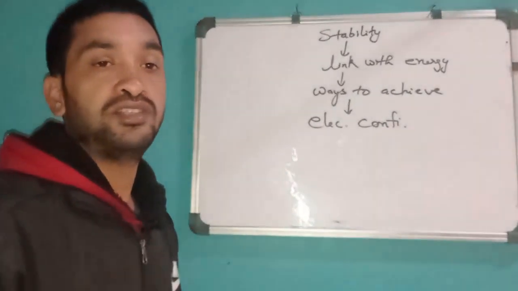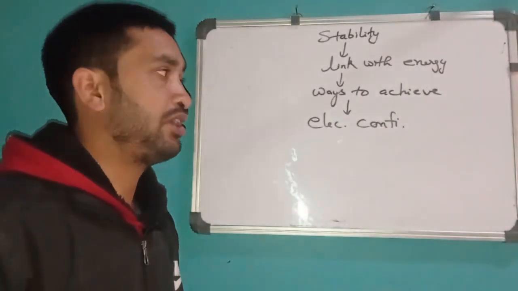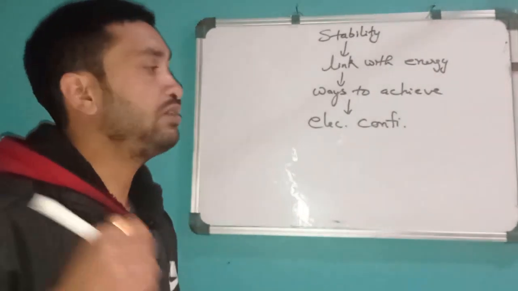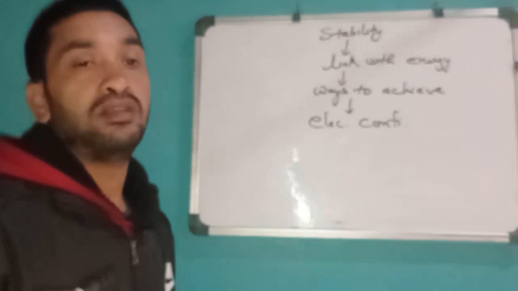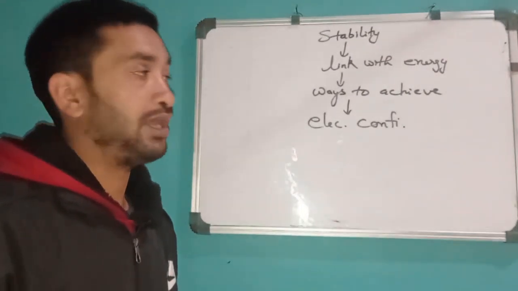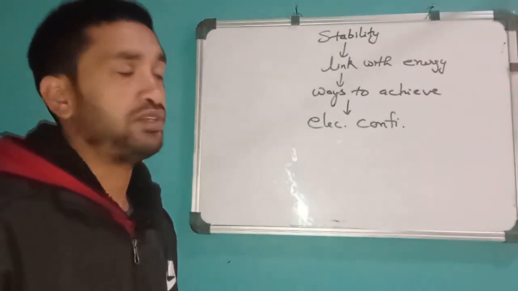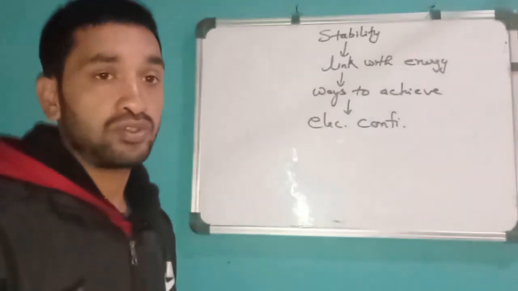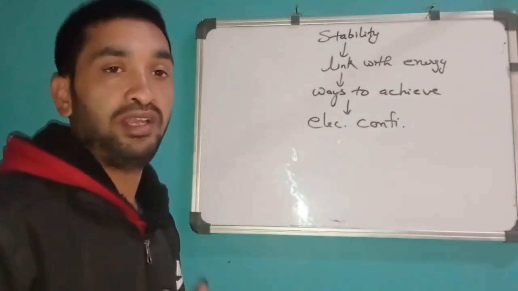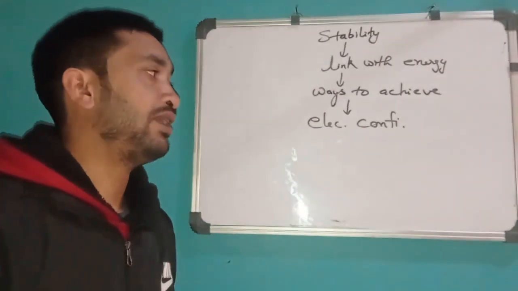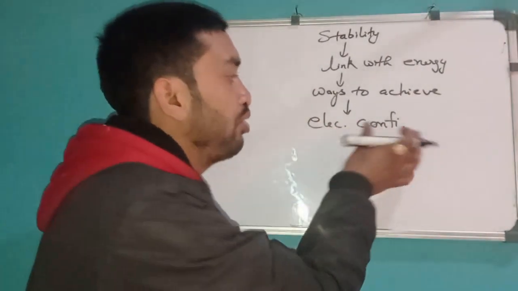If another shell contains 8 electrons, it's stable. The example I gave you was helium, 2 in the K shell, and others like argon, with octet state maintained in the last shell. So the others are also stable because they have octet state in the valence shell, and helium has duplet state in the valence shell. That is how electronic configuration tells you.